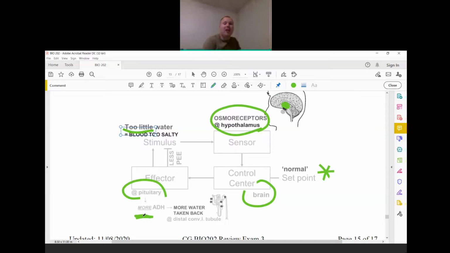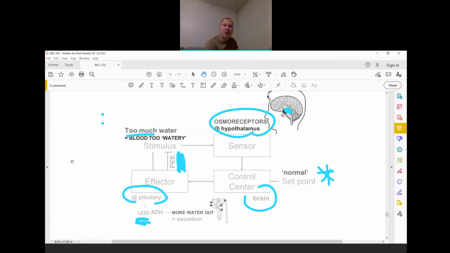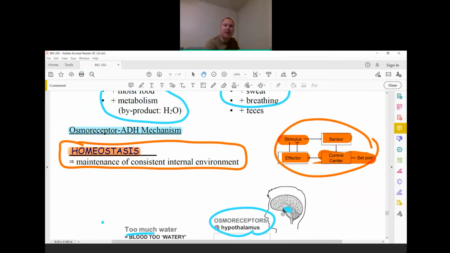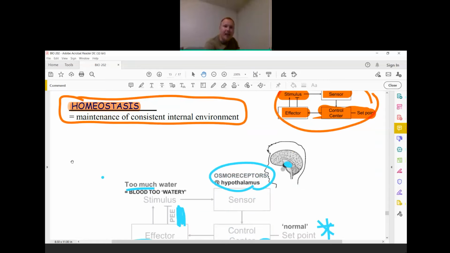ADH causes the distal convoluted tubule of the nephron to become permeable, and more water is taken back in. As a result, we make less pee, so we're able to maintain and save all that fluid. So that's why the homeostatic control mechanism loop is worth learning. We can explain complex concepts with that.